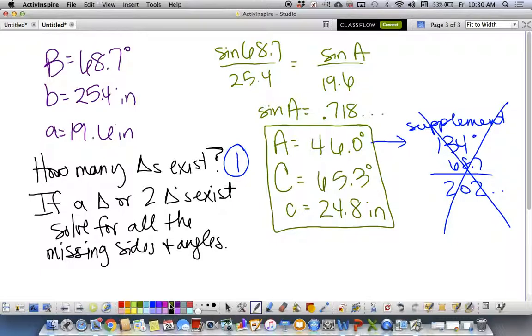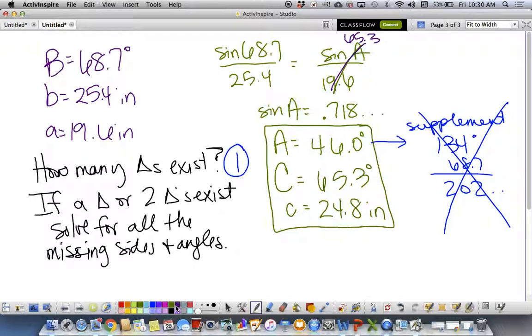Yes, ma'am. I got 19.6. Wait, but that's what A is. Let me look. So this should equal, okay, so if I don't want to rewrite it all out, right here I should have 65.3.